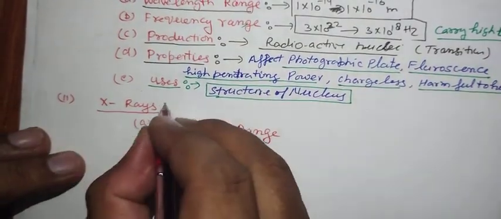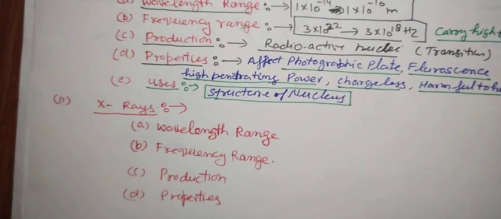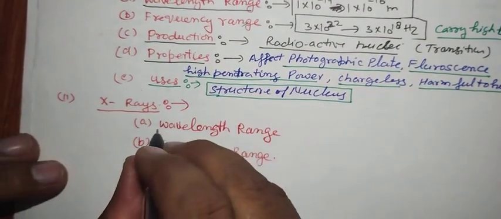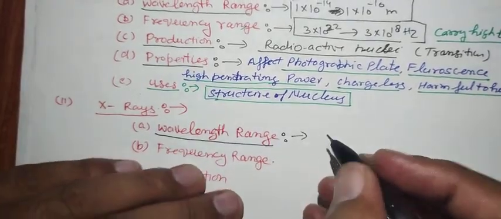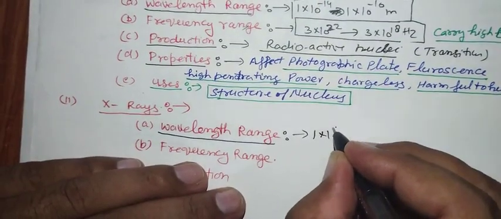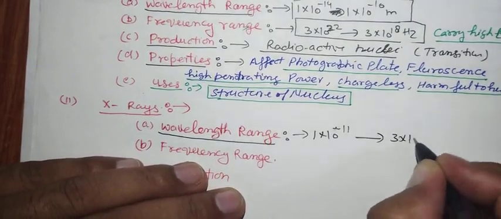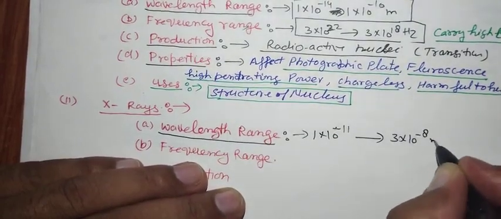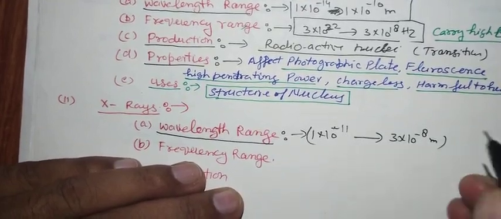First of all, in this X-ray, the first point is its wavelength range. The wavelength range of X-ray is 1 into 10 to the power minus 11 increasing to 3 into 10 to the power minus 8 meter. Increasing from minus 11 to minus 8.